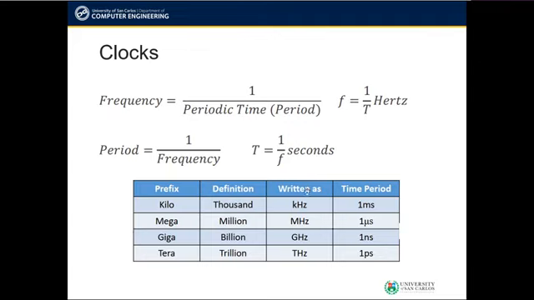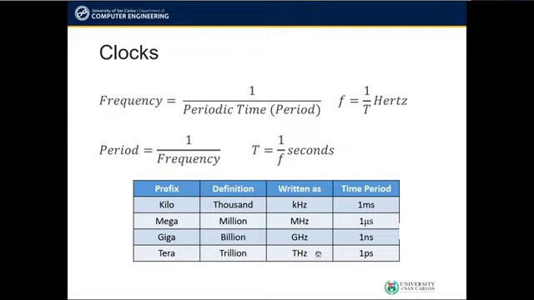They can be written as the following, where 1 kilohertz means 1000 hertz, 1 megahertz means 1 million hertz, 1 gigahertz means 1 billion hertz, and 1 terahertz means 1 trillion hertz.